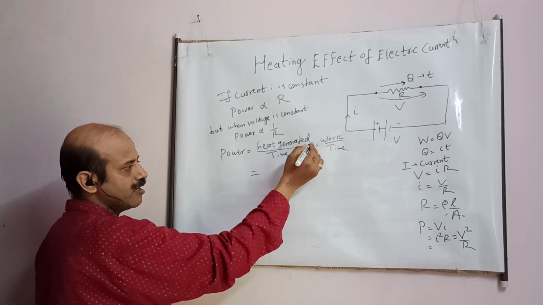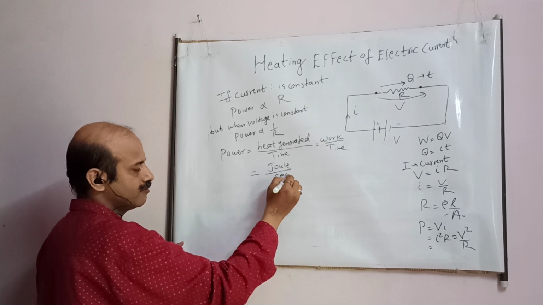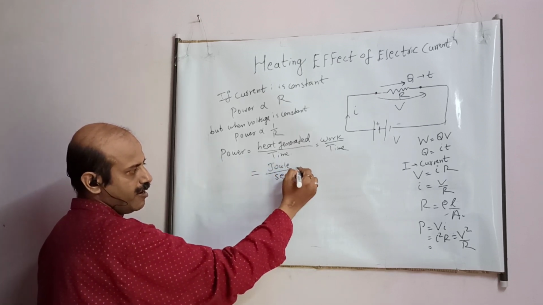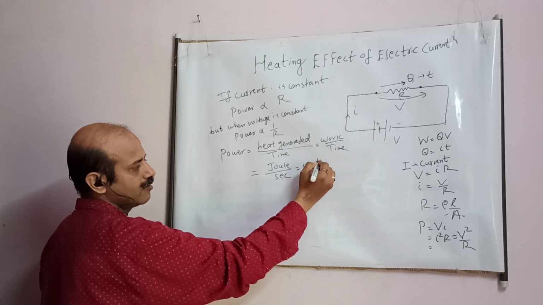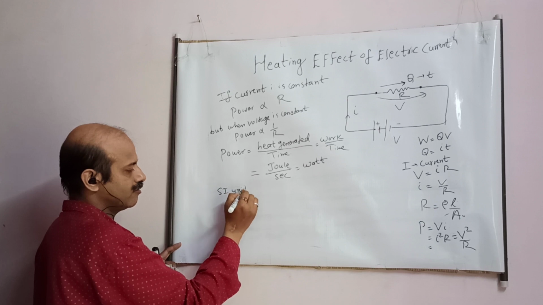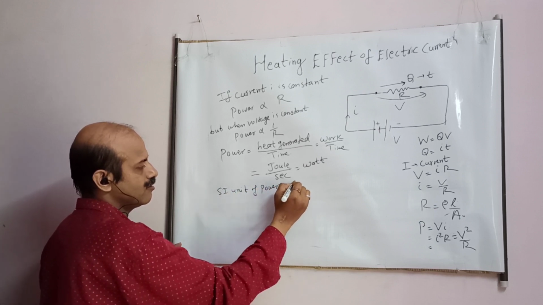And already you know the SI unit of work is joule, and time is second. This is given the name watt, student. So the SI unit of power is watt.